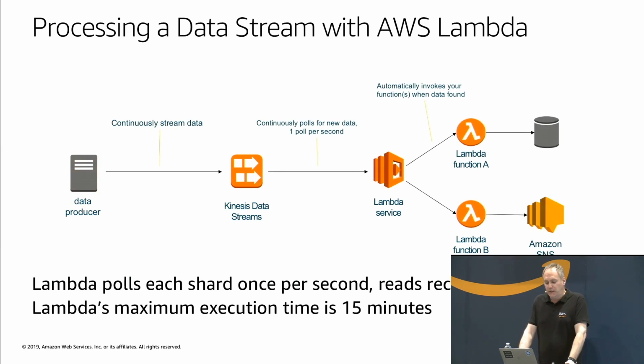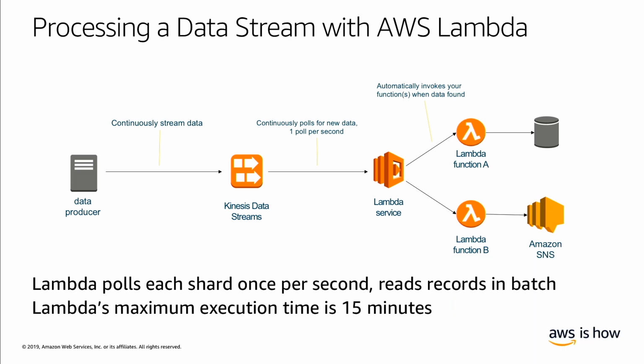With Lambda functions, a Lambda function reads a number of records in a batch, and then it invokes your function synchronously, the function that you provide, and it gives it an event containing all the records that it was reading. So the Lambda function is basically processing those Kinesis records in a serverless way. The thing is, there is a maximum execution time for such a Lambda function, which is 15 minutes.